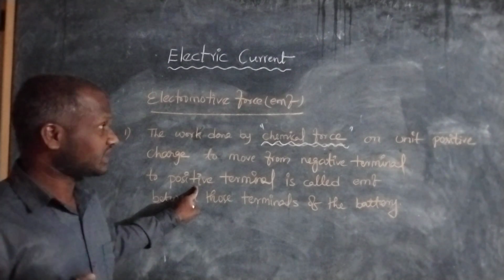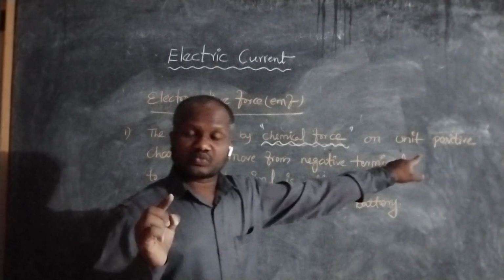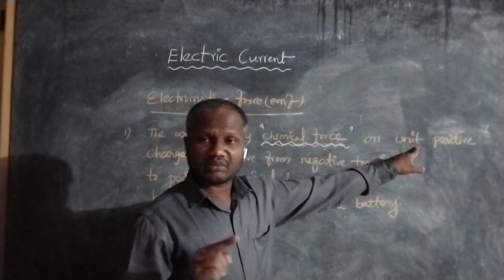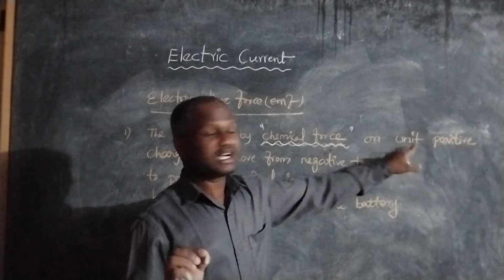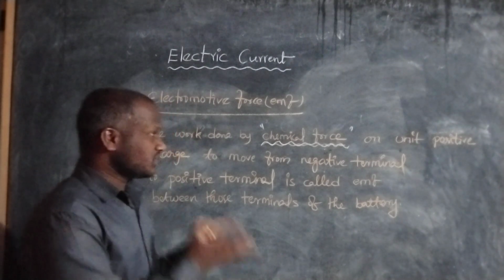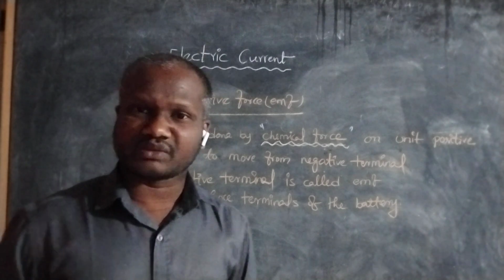That is also correct, but here I said unit positive charge. When chemical force does work on unit positive charge, it means negative terminal to positive terminal. When chemical force does work on unit negative charge, it is from positive terminal to negative terminal. So without any confusion, please remember this.